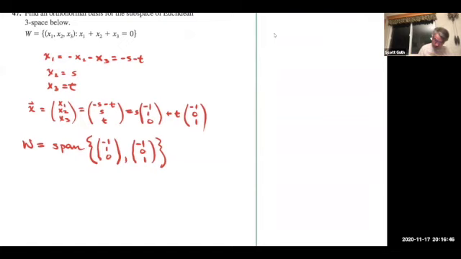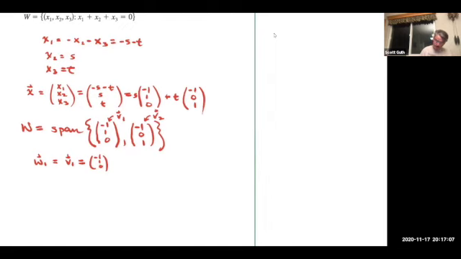So I'm going to call this first vector V1, and this one V2, and then W1 will just be V1. So that's going to be the -1, 1, 0. Okay. And then W2, we have to take V2 and subtract the W1 component of V2.